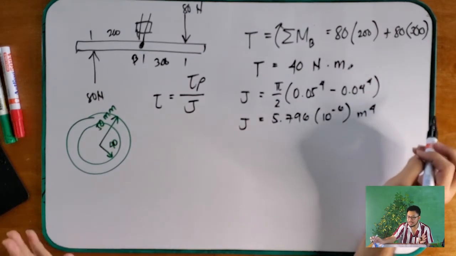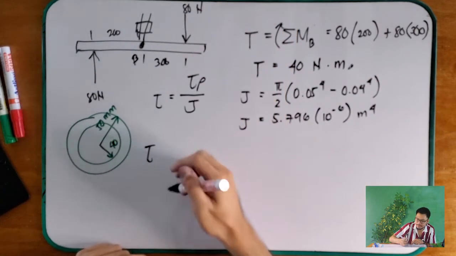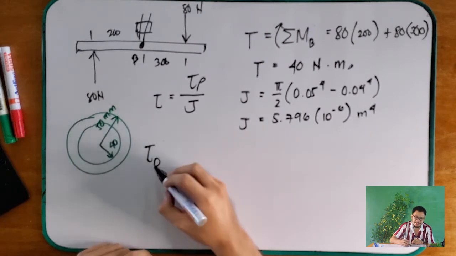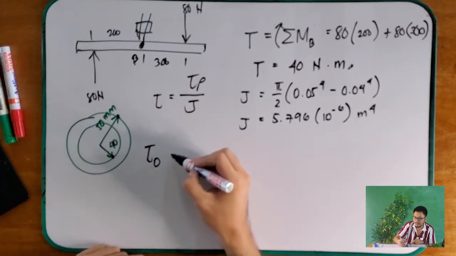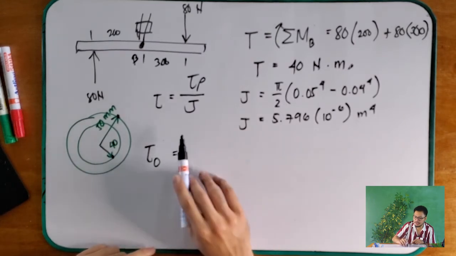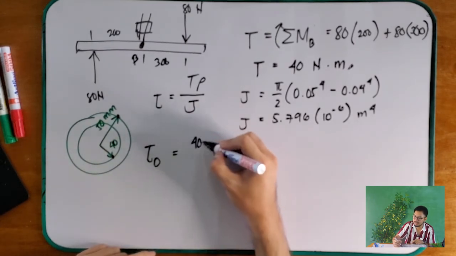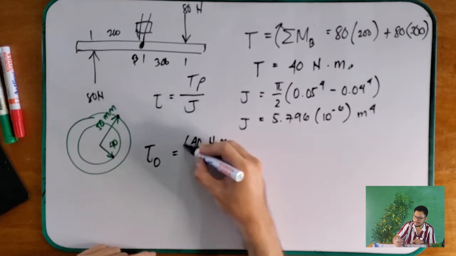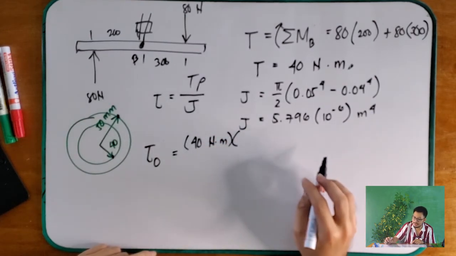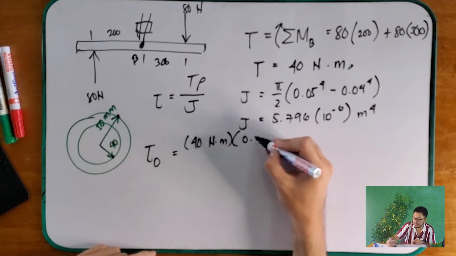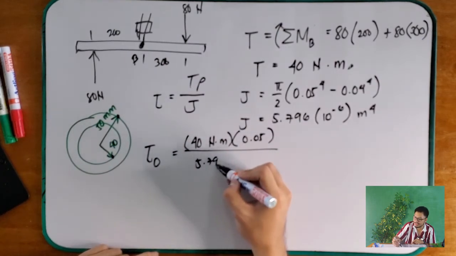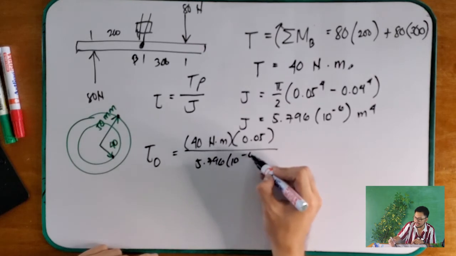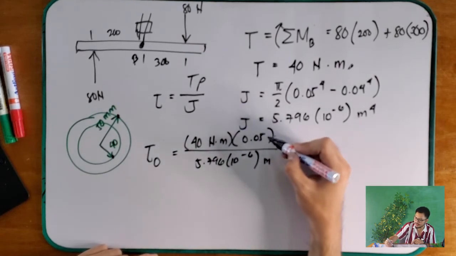Okay? Now proceed. You can solve for the outer shear stress, which is this, and the inner shear stress, which is this. So first the outer shear stress, which is 40 Newton meter times your C, which is 0.05 meter over 5.796 times 10 to the power of negative 6 meters to the fourth.